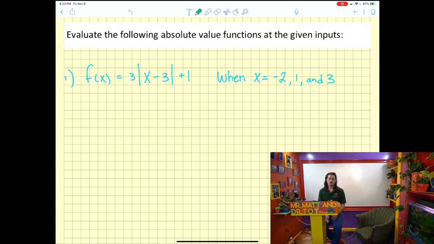Now, when we get to solving equations with variables, there's going to be an extra little subtlety that's added in there. But for now, just remember that it's just the real distance from 0 on a number line. So substitute these values in and evaluate. I'm going to give you 3 minutes, and then we'll go through the solution.